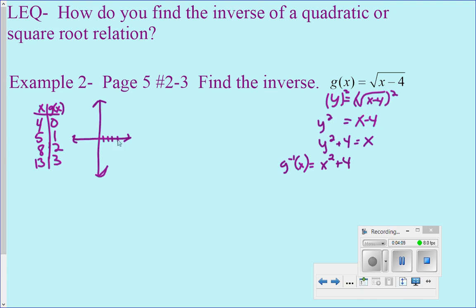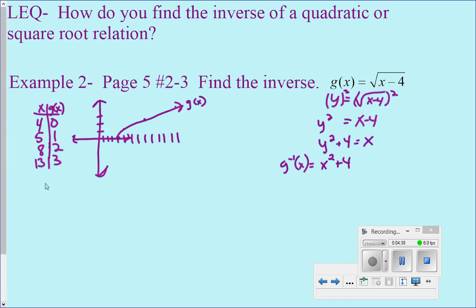So we're going to expect to see that when we plot these points. 5, 1 is right here. 8, 2, right there, and 13, 3, right about there. So we get what we expected, a parabola on its side, only the positive half. So that is our g of x.